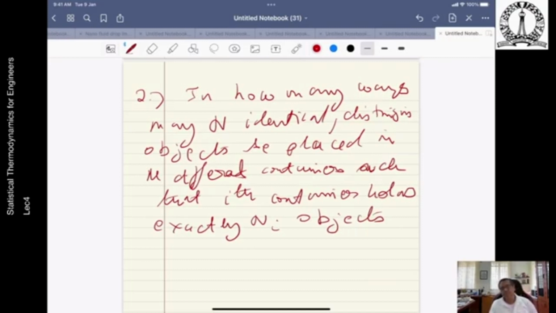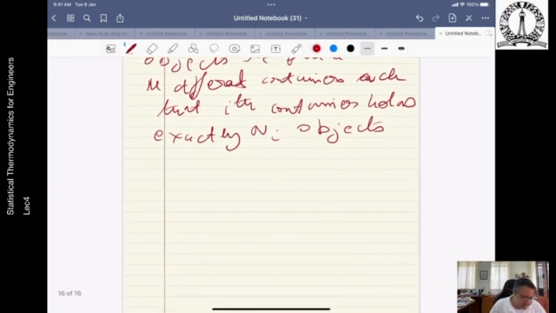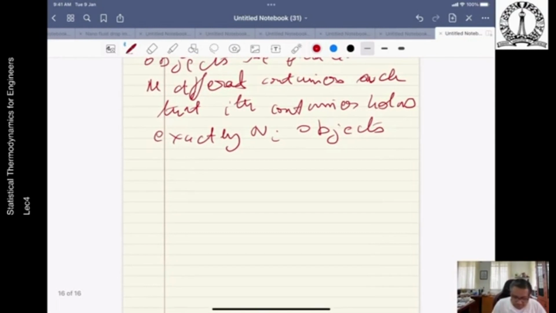Previously we said n objects are placed in m containers such that there is a limit of one object per container. Here we are stating that n identical but distinguishable objects are placed in m different containers such that the ith container contains ni objects.